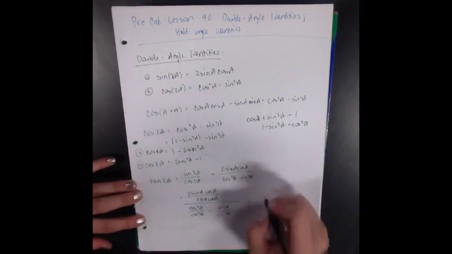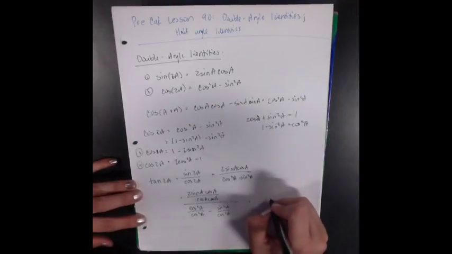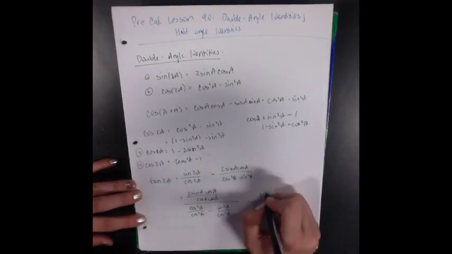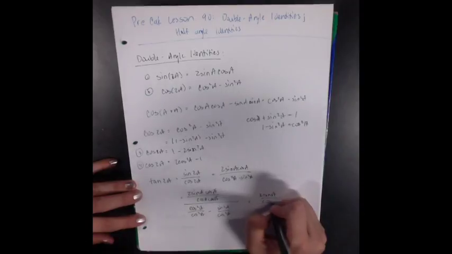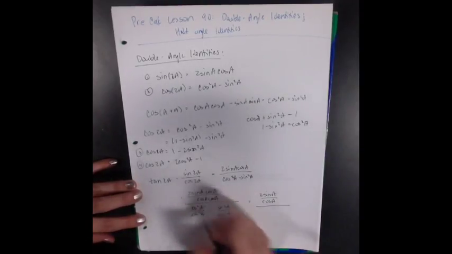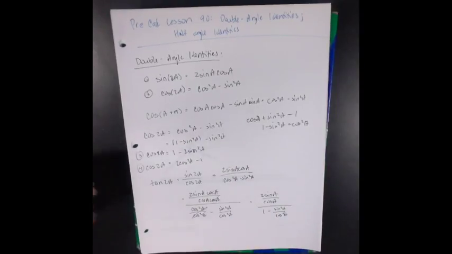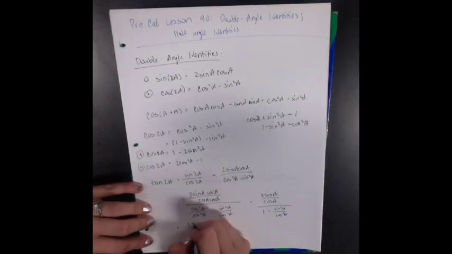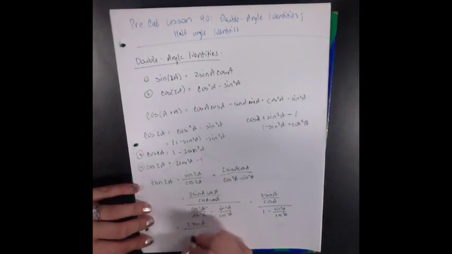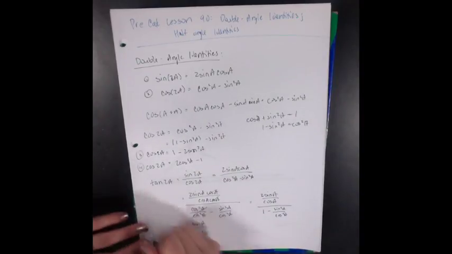We can cancel the cosine here, leaving me with 2 sine of a over cosine of a. This becomes a 1 minus sine squared of a over cosine squared of a. Maybe you can see it, but now we have 2 tangent of a over 1 minus tangent squared of a.